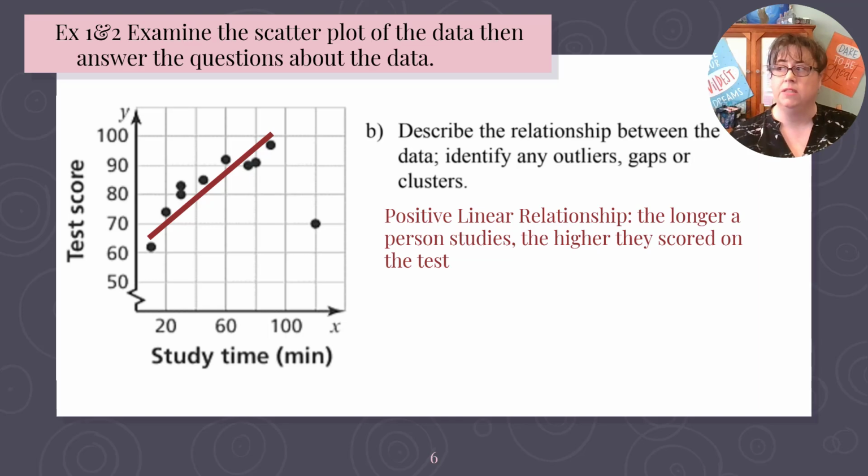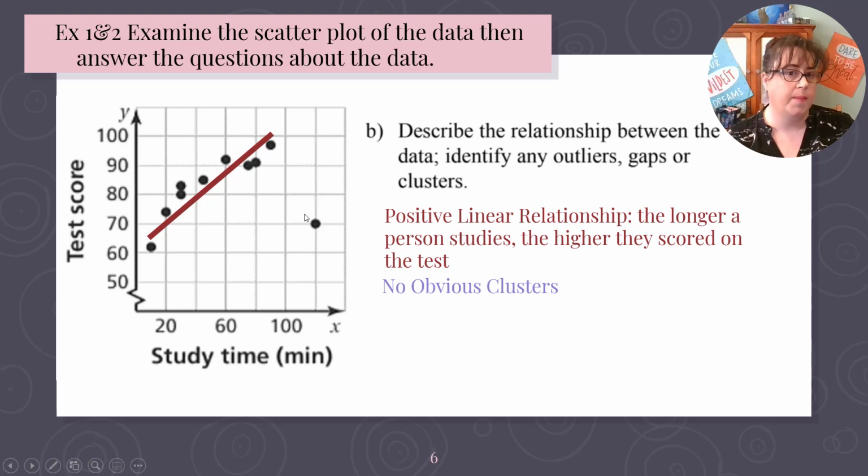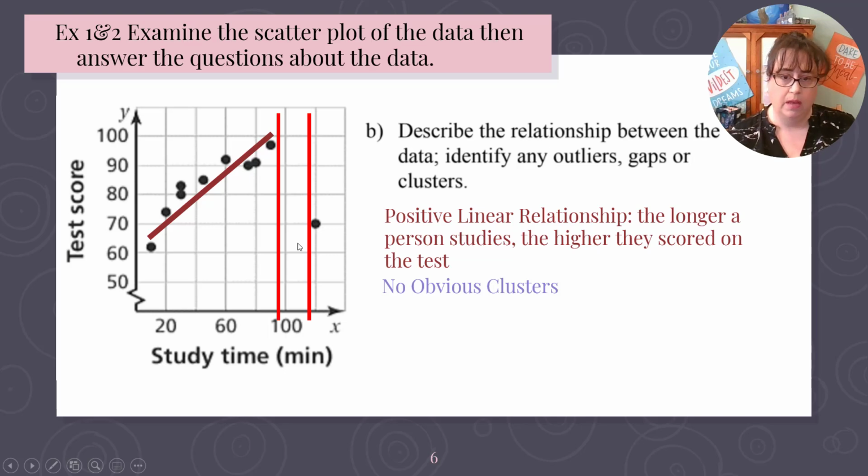Okay, so what else? Well, it doesn't look like there are any clusters. It doesn't look like there's a group here and a group here. So we could say that. But there are 2 ways to talk about this right here. We could talk about this as a gap as well. So there is a gap in our data.